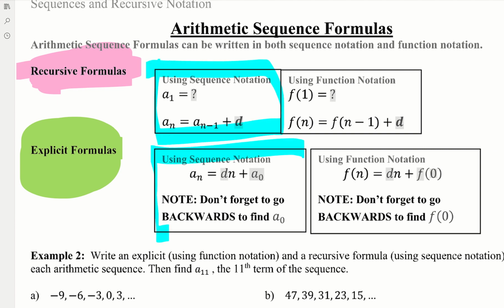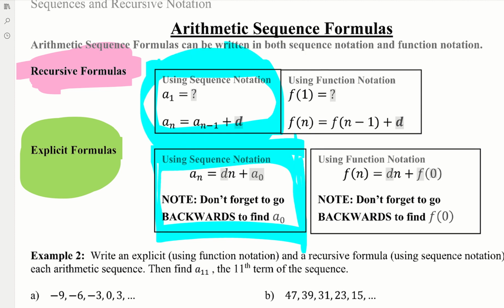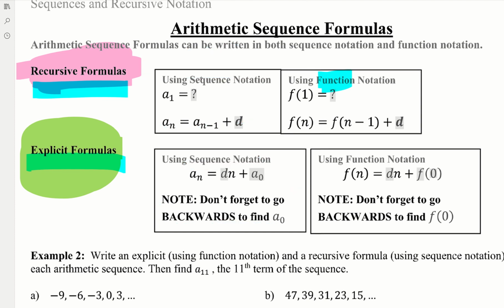We are going to look at the sequence notation for both the recursive and the explicit formulas. I'm trying to remember what chapter we did this in. I think some of this was last semester when we looked at function notation. So we're building on something that we've introduced, but maybe not to this level.